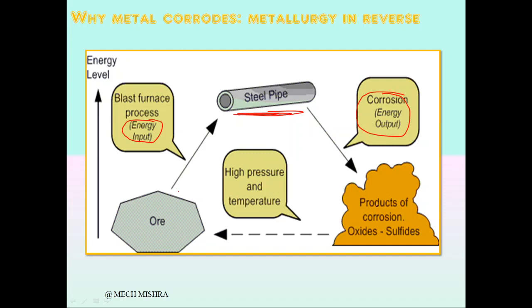It's the same as ore. So it's metallurgy in reverse. Here it's a metallurgical process, and here from ore we are preparing the finished product, and the reverse of metallurgy is from finished product we go again back to the ore.